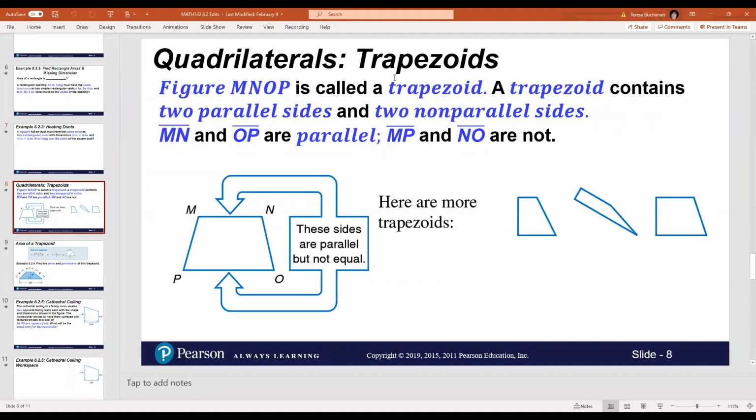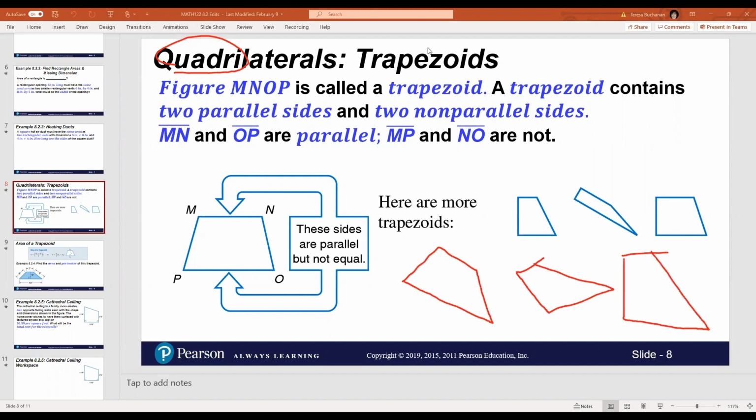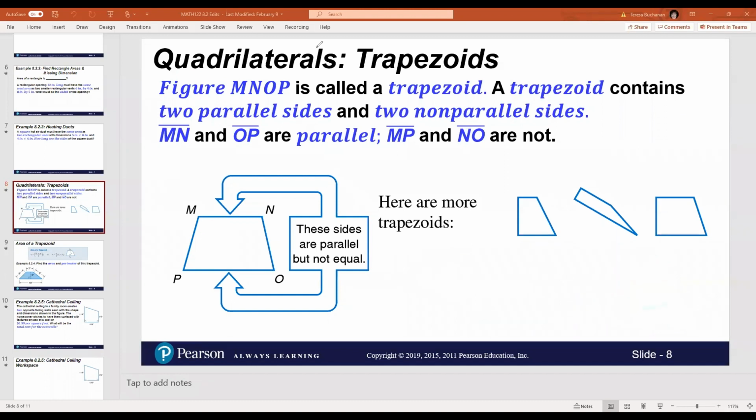Quadrilaterals. Specifically, quadrilaterals is not a very specific name. It simply says 4 sides. That's all it says. So you can have quadrilaterals that are any weird configuration. You could have quadrilaterals of 4 sides that don't even have parallel sides.